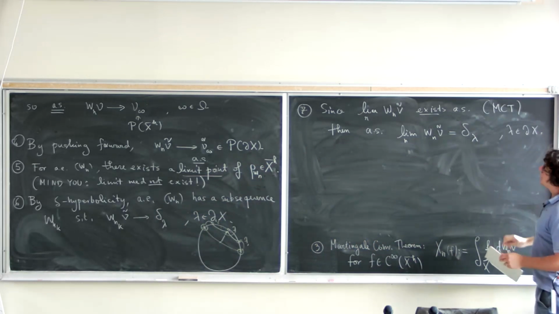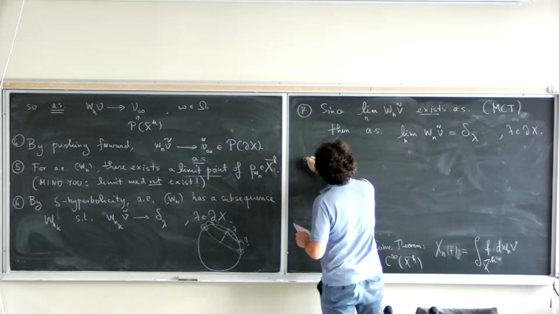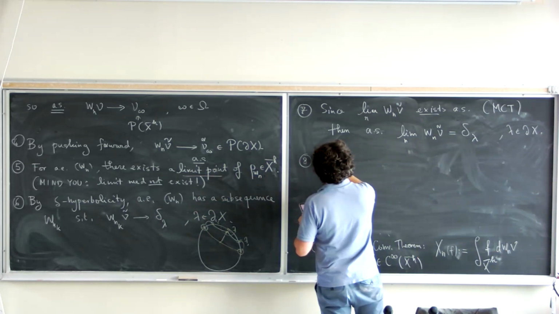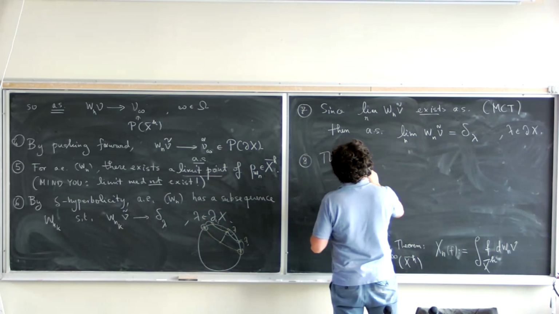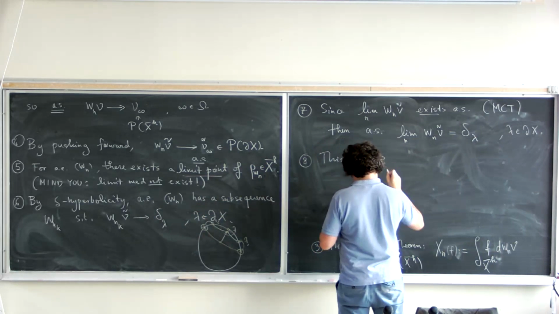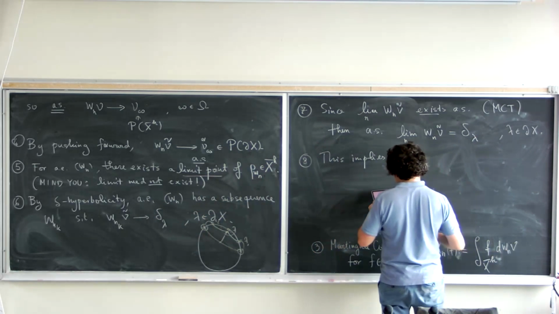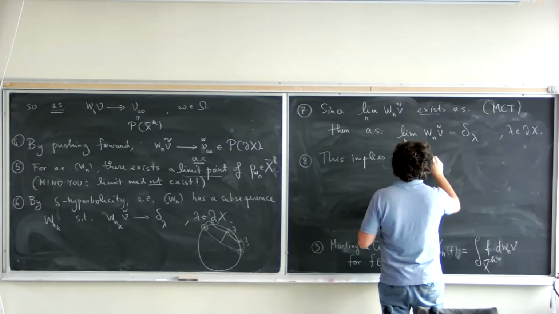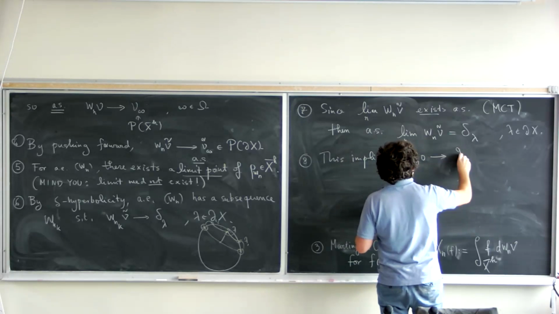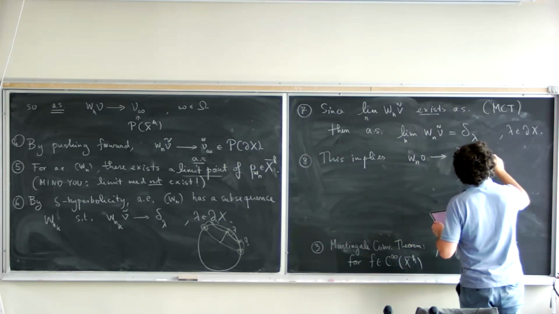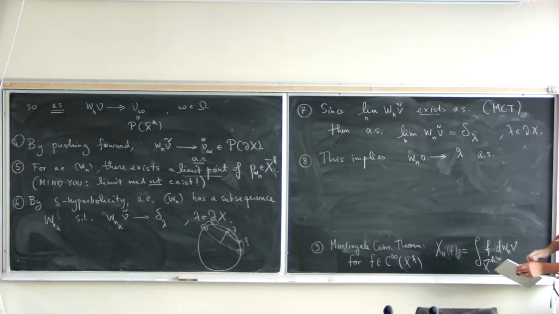And then finally this implies that Wn o also converges to lambda almost surely.